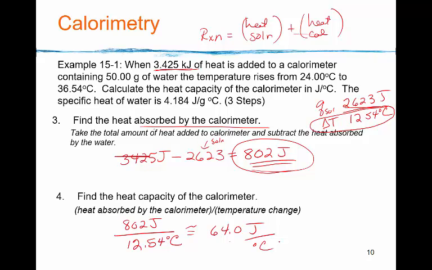Then we knew that we had added a total of 3425 joules, which is 3.425 times 1,000, the kilojoules. And so the difference between those two gave us the energy absorbed by the calorimeter, because this was the total reaction and this was the solution, so that was the calorimeter. And then to find the heat capacity, it's just how many joules per degree C, so you just divide those two and get that.